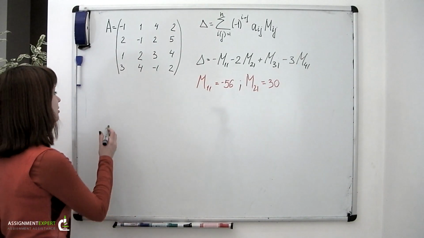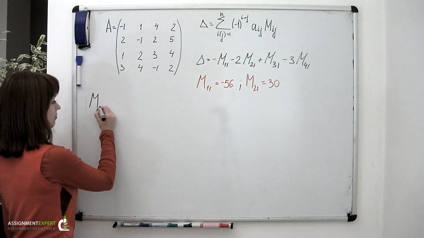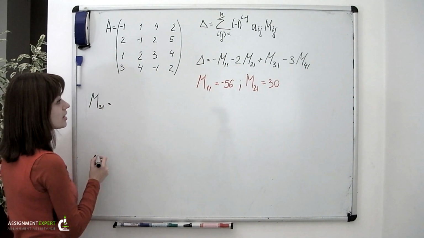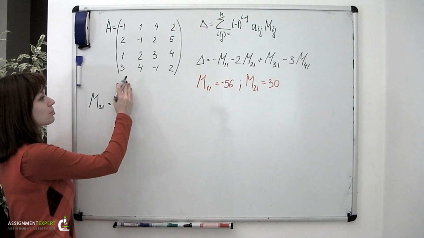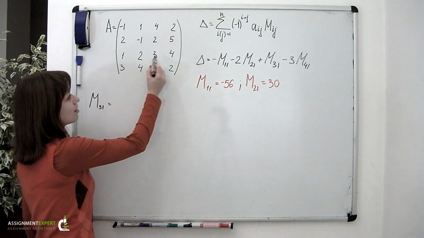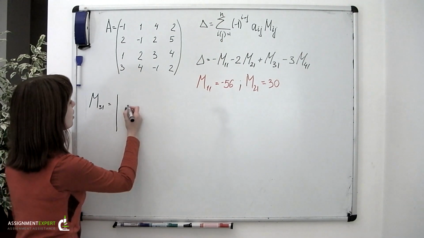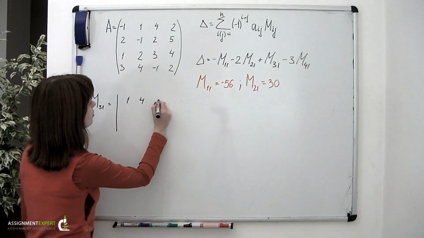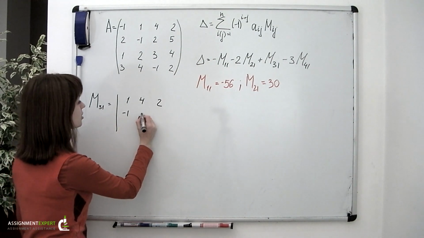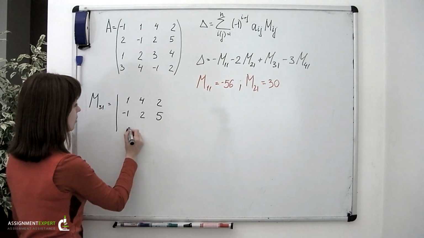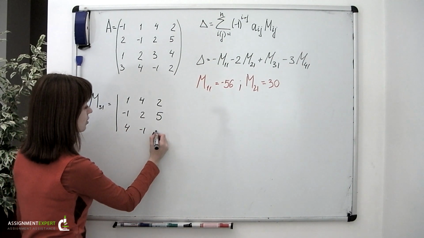Minor m sub 3, 1 is a determinant of a matrix obtained from the initial one by crossing out its third row and first column. So we have 1, 4, 2, negative 1, 2, 5, 4, negative 1, and 2.